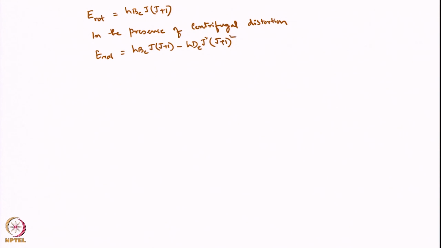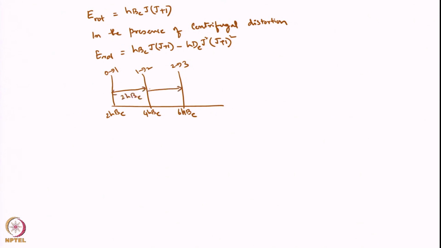So, in general, if you look at the transitions of the rotations, one can think of 0 to 1, 1 to 2, 2 to 3. This will be 2 B_e, this will be 4 B_e, this will be 6 B_e, and separation will be 2 B_e.